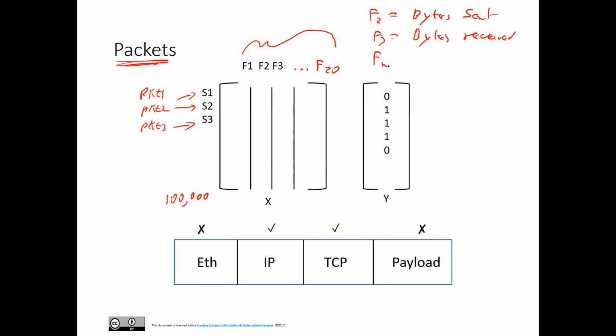And Fn and so on, dot, dot, dot. So we can define 20 features for this. Remember, F2 is that column, F3 is that column. Every sample needs to have that column and a value. All right, so this is going to be 100,000. And we're going to have a value associated with F2 for each sample and a value associated with F3 for every sample.